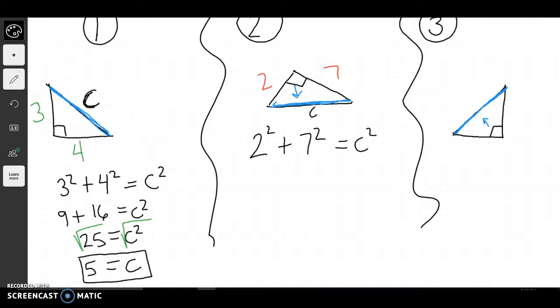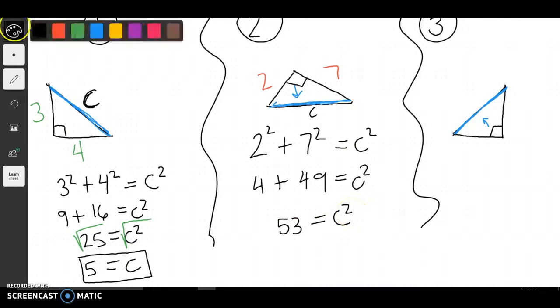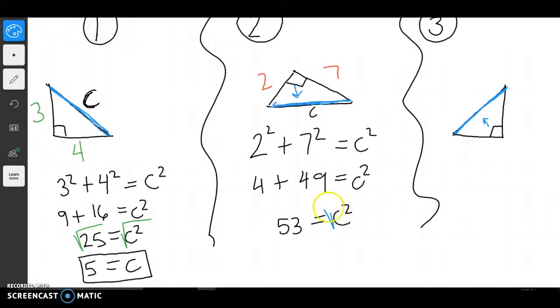And we would do the same thing, so we get 4 plus 49, which would equal c squared. Then we would add these two things together and get 53, which equals c squared. And again, we would take the square root of both sides. And when you take the square root of 53, it doesn't give you a nice number. We could put that in our calculator.